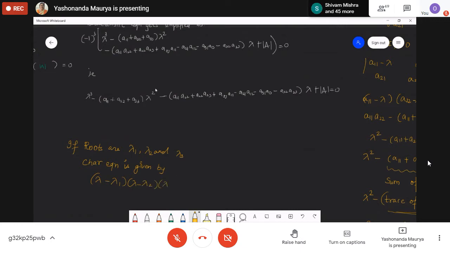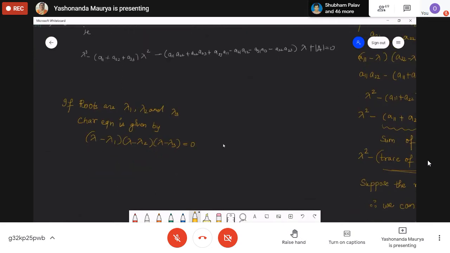So we are actually using the theory of roots, the theory of polynomials. This is equal to 0. Again, when we simplify this expression, what will be the case?